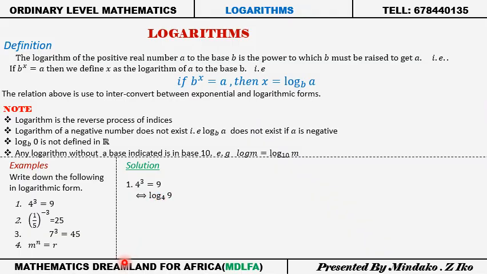Oh sorry, there was supposed to be equal to 3 here. So for me to convert it to the log form, I'll have that 3 equals log of 9 to the base 4. Let me give you some trick about this, because it's actually disturbing many students.